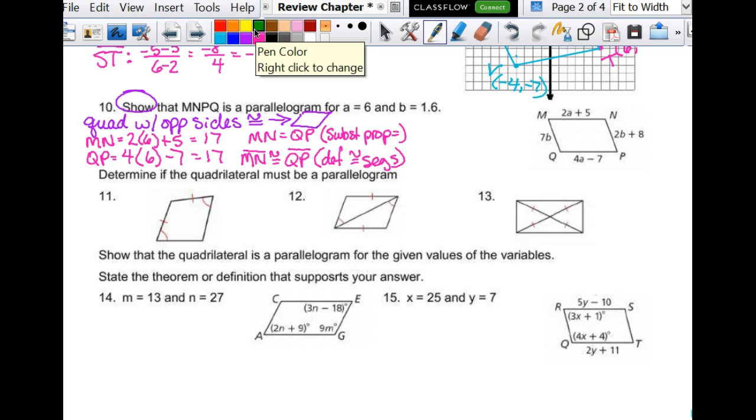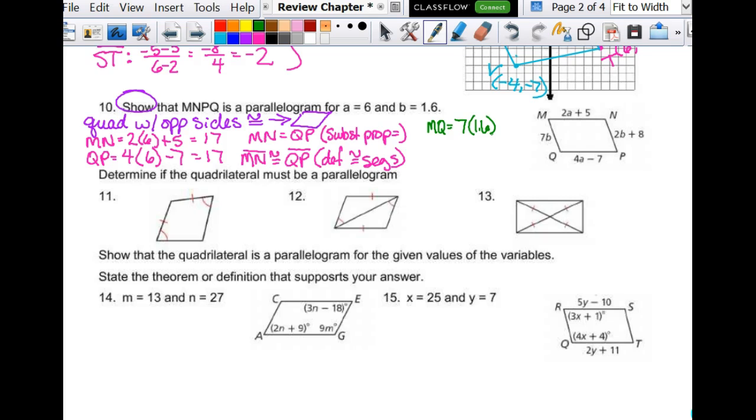That's just one set of opposite sides, so I've got to do it for the other set of opposite sides also. So the length of MQ is equal to 7 times 1.6. So 7 times 15, think about what that is. That'd be an hour, which is 60 minutes. That's four 15s. Three more 15s is another 45, so that's 105, and then I add 7 more.